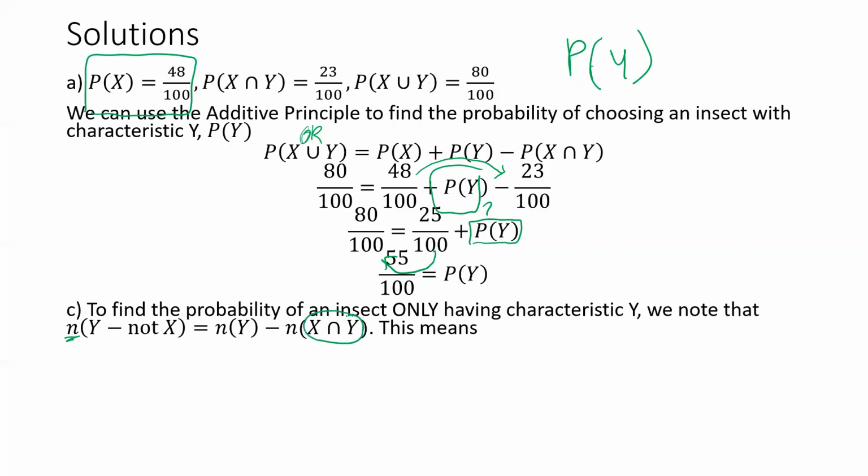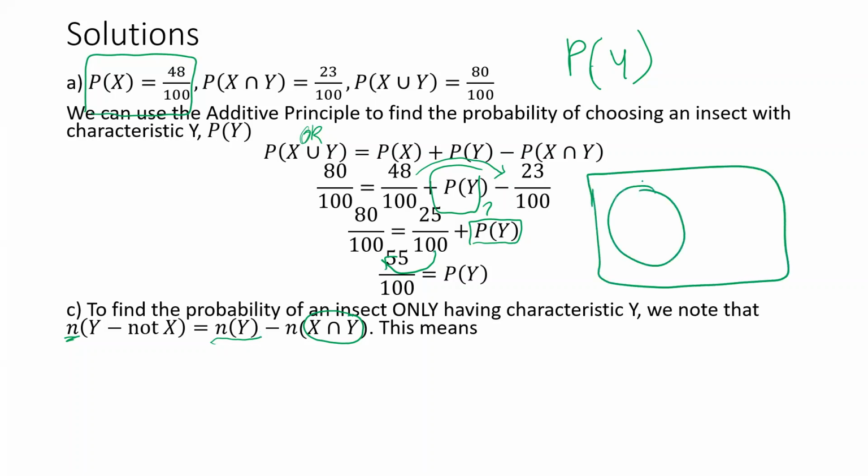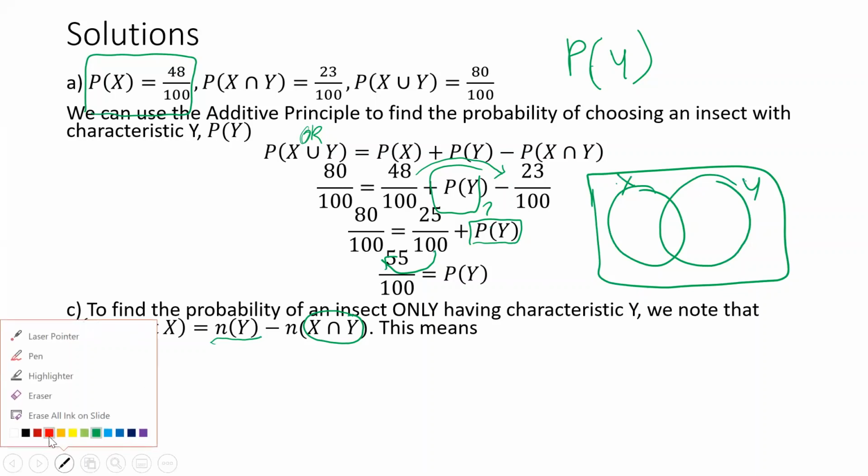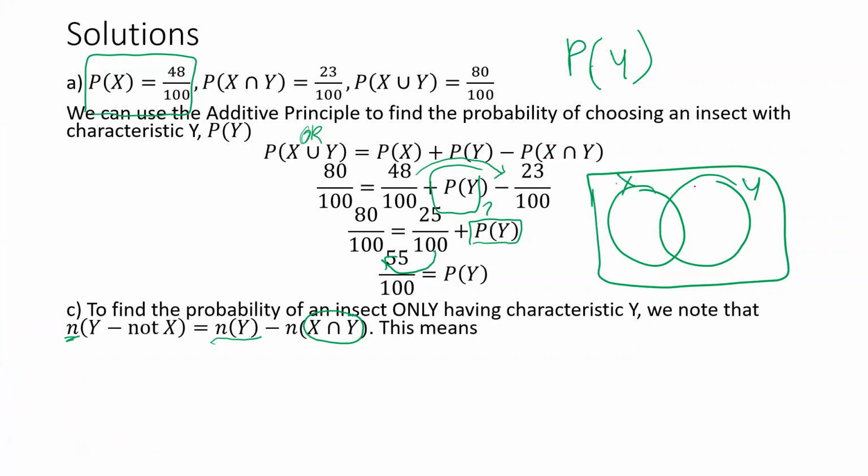All we really need to do is simply subtract off the number of insects that have both, right? Because we already know how many insects have characteristic y. We just have to subtract off the intersection there. So I'm going to draw a little picture here so you can see what I mean. This is x and this is y. We are only interested right now in finding out how many insects are in this region right here.